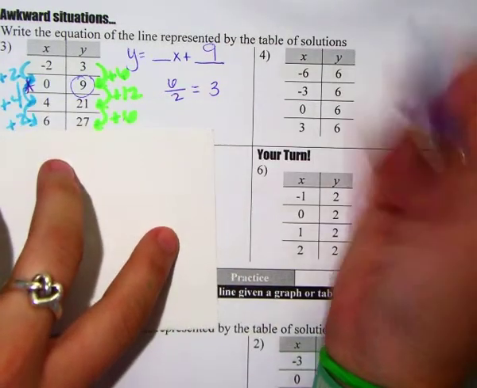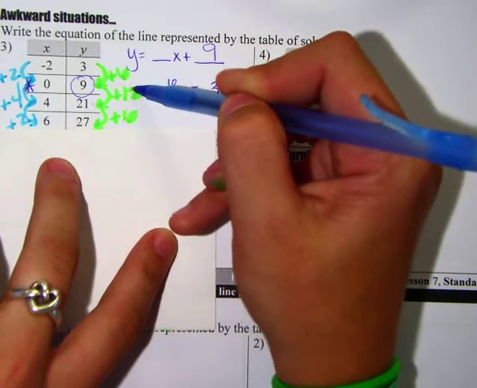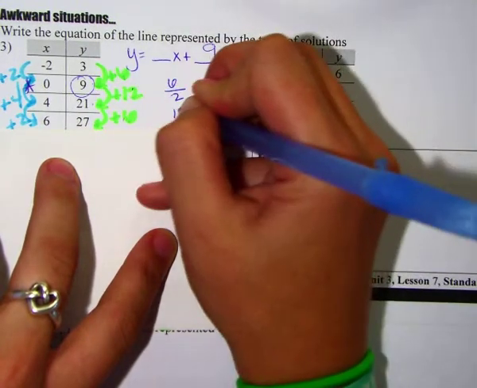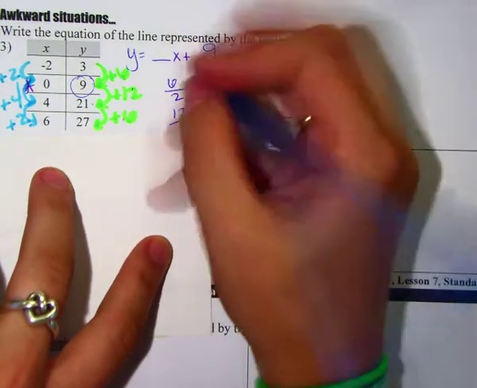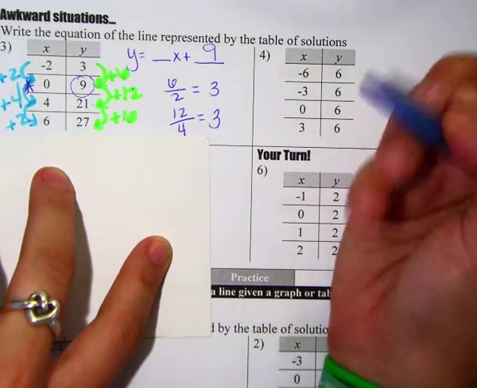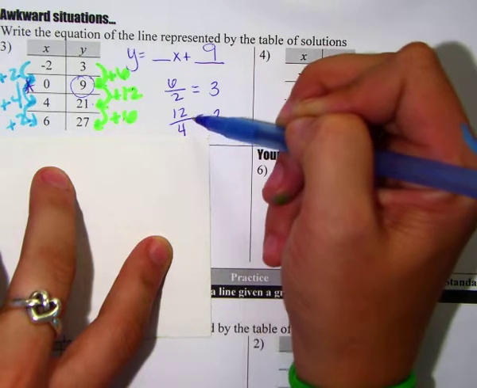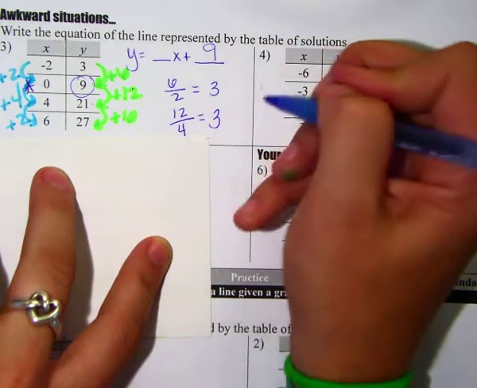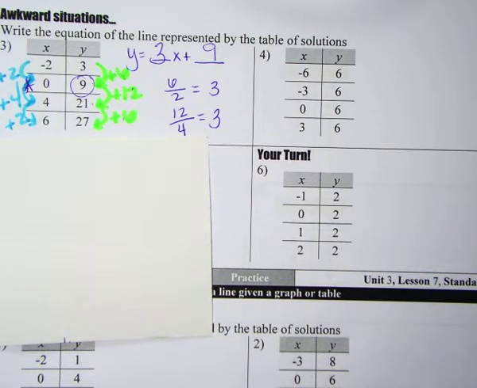Let's check the next row. Between these 2 points, we're going up 12, then right 4. 12 divided by 4 is also 3. So as you can see, the slope is the same, it's just we're counting between larger points. You like picking points that are farther apart. So we have 3x plus 9.